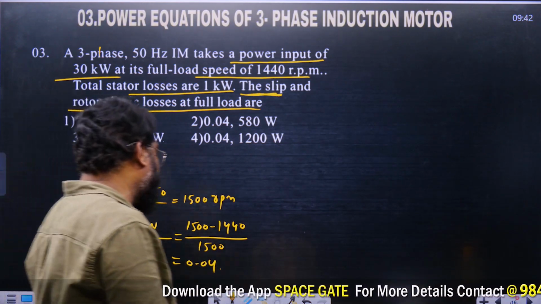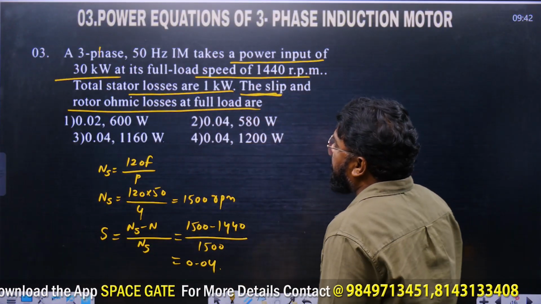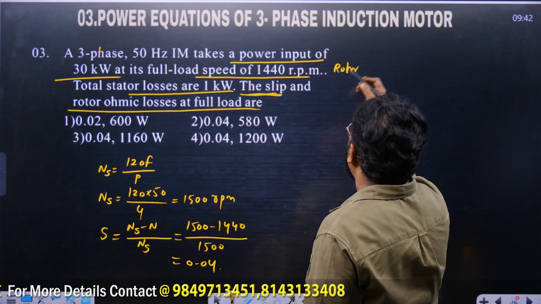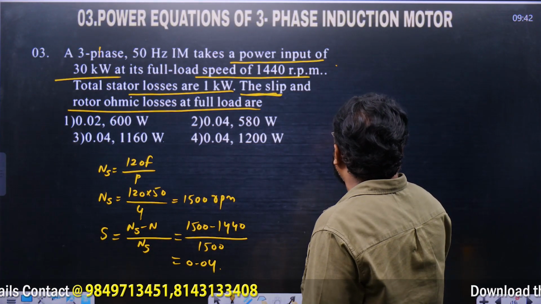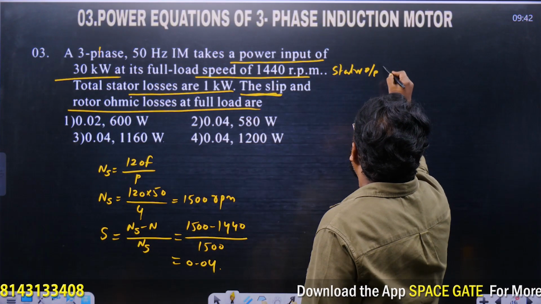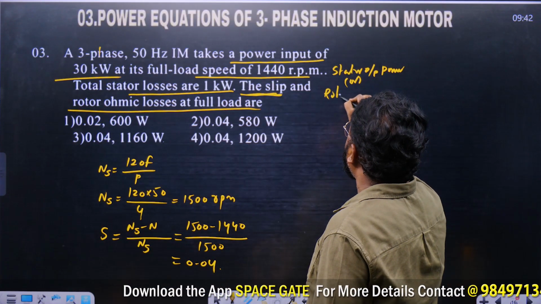So we got the slip, and we know the stator input power and stator losses. The stator output power is also called the rotor input power.